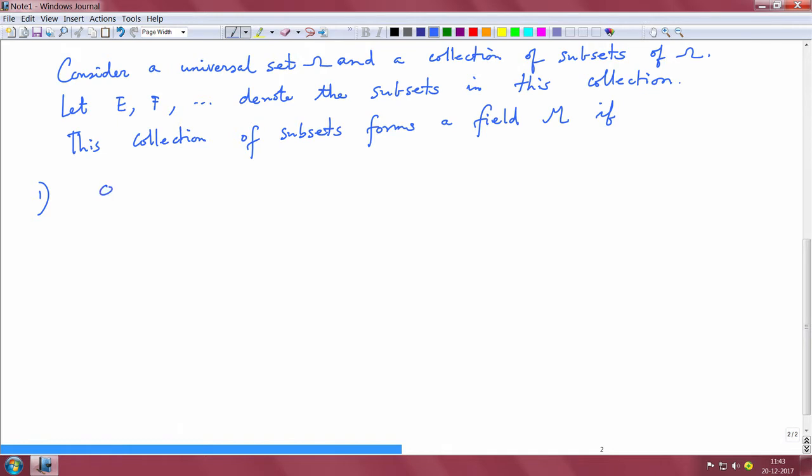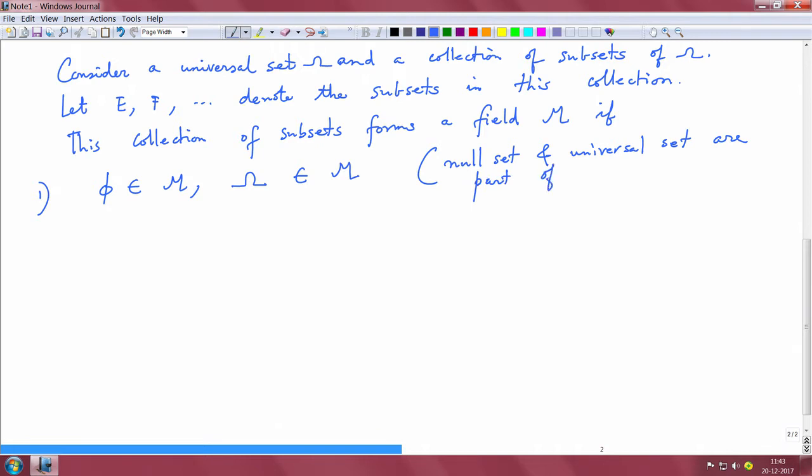So, the null set belongs to the field and the universal set belongs to the field, that is, the null set and the universal set are part of the field.